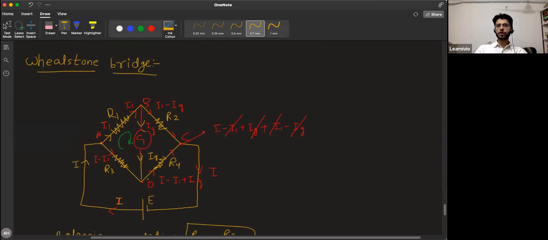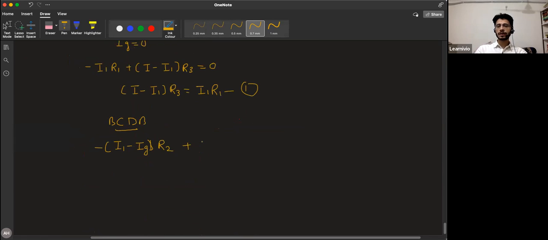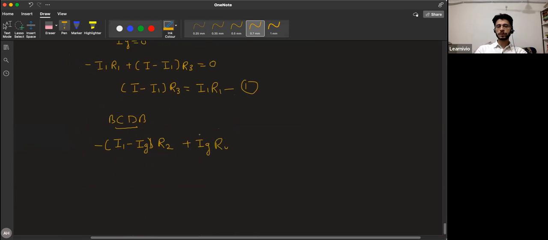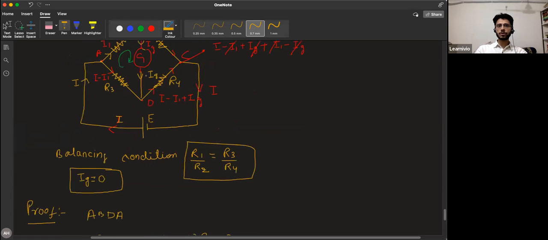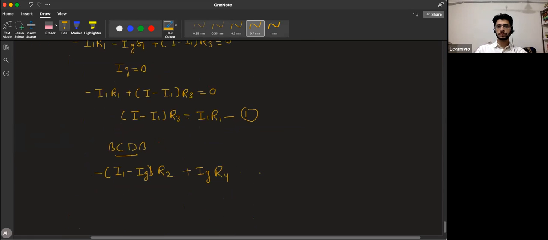Then we are going from C to D opposite to the direction of current. It's plus Ig into R4. Then you are going from D to B, opposite to the direction of current, so it's plus G Ig is equal to 0.